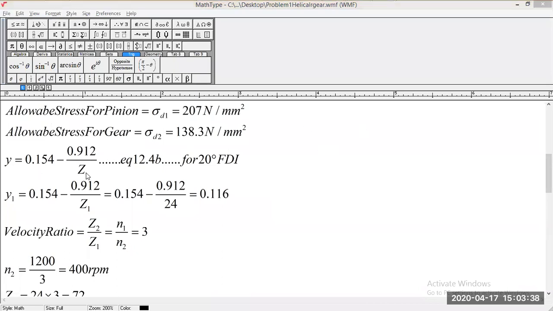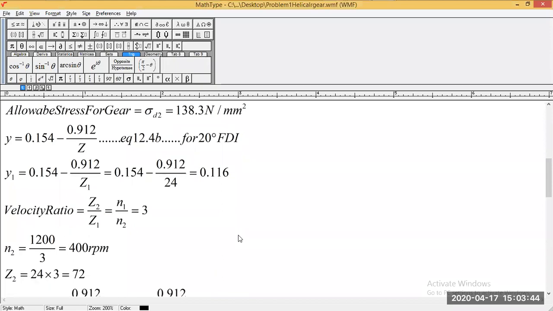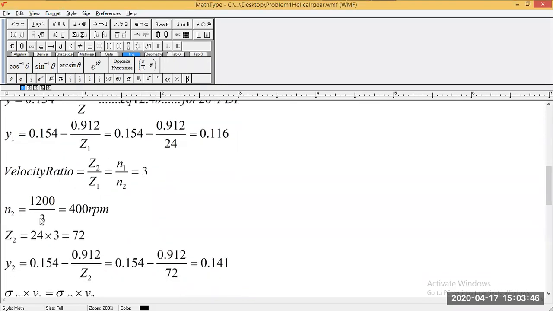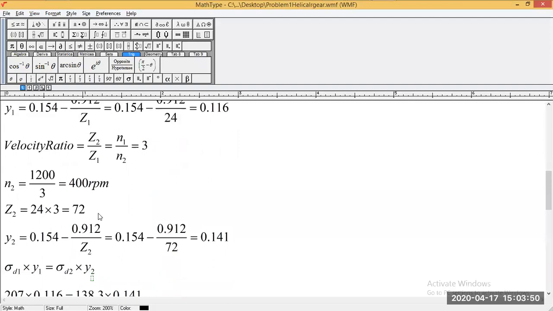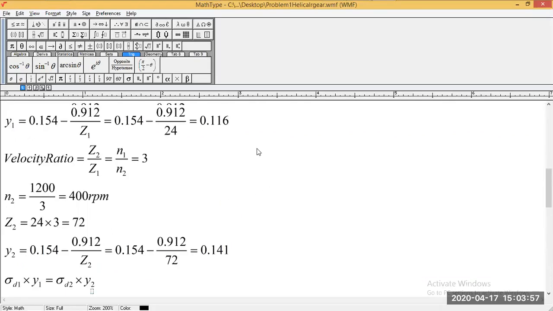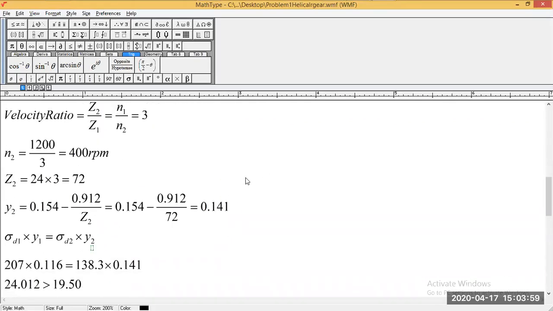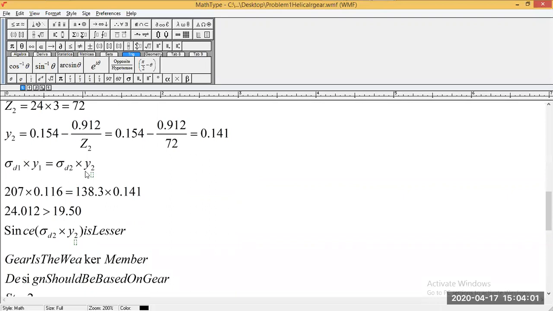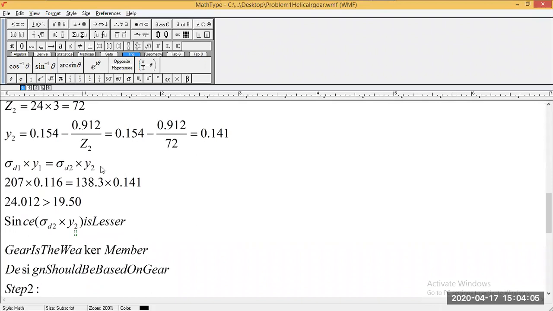We use the form factor as 20 degree full depth involute, and we substituted the values for Y1 and also found N2, Z2, that is number of teeth, and Y2. So Y2 is again the Lewis form factor. Based on this formula here, we will find which is the weaker member.